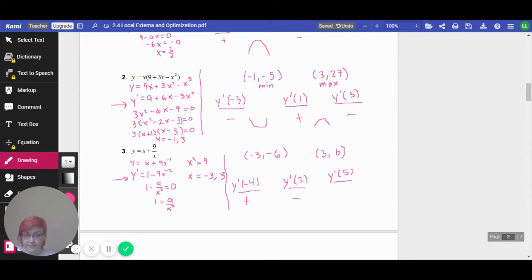And then finally, 1 minus 9 times 5 to the negative 2, I get a positive result. So going from a positive or increasing to decreasing, this is a max. And then going from decreasing to increasing, this is a min.